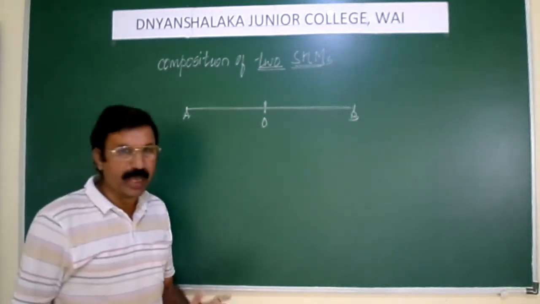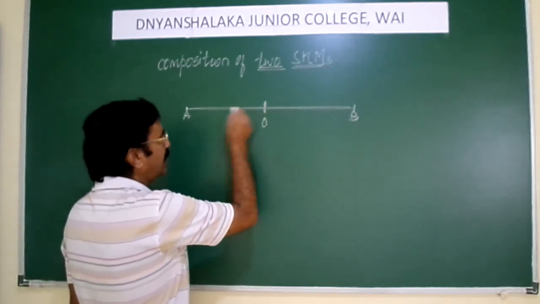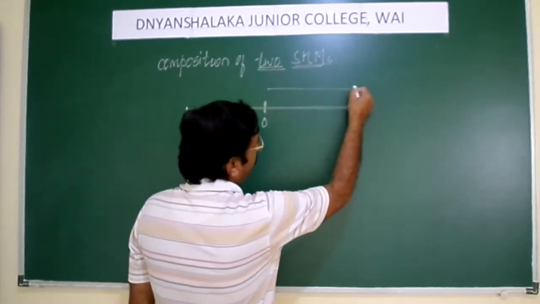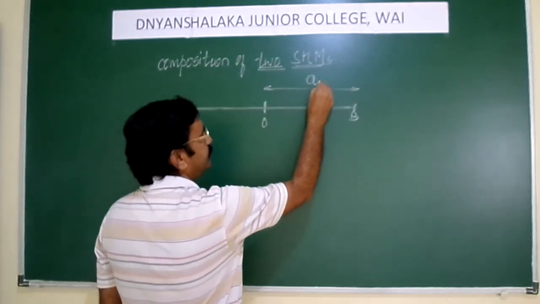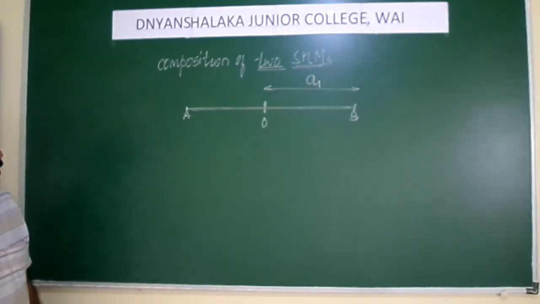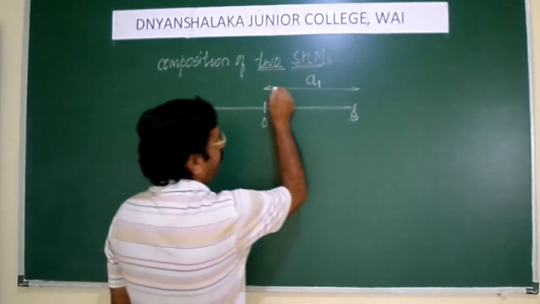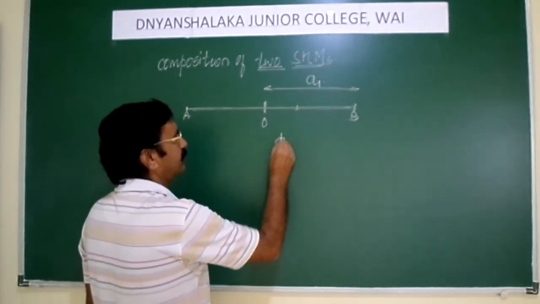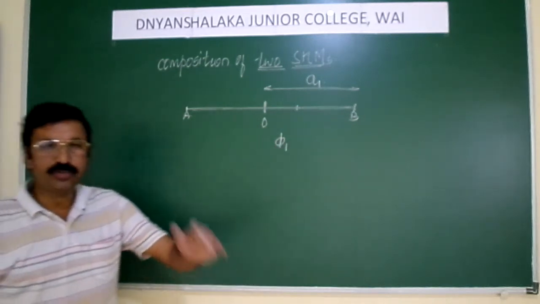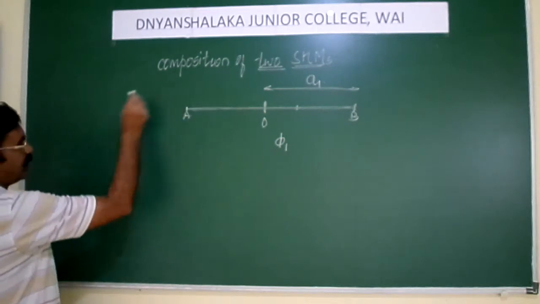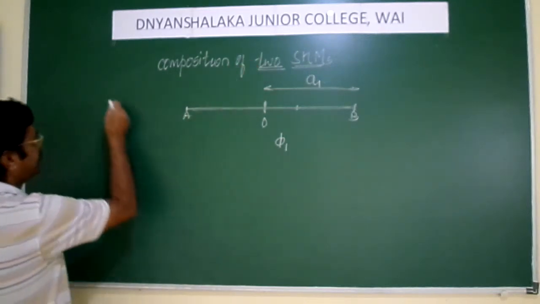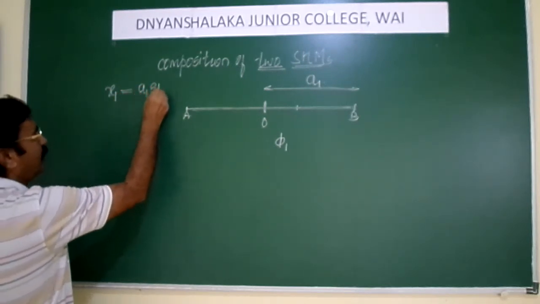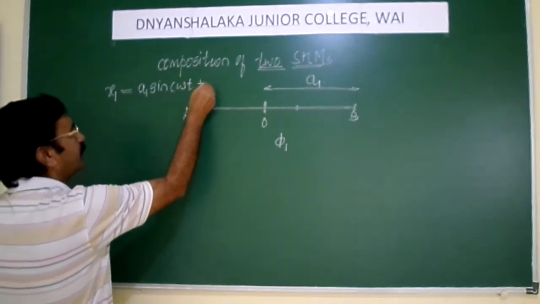So, in SHM 1, the particle which is performing simple harmonic motion, let the amplitude be A1. And let the initial phase from where the particle is going to begin be phi1. And so in this case, the equation of displacement of the first SHM is x1 equal to a1 sine of omega t plus phi1.